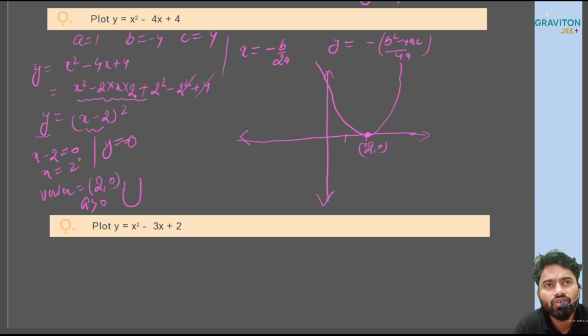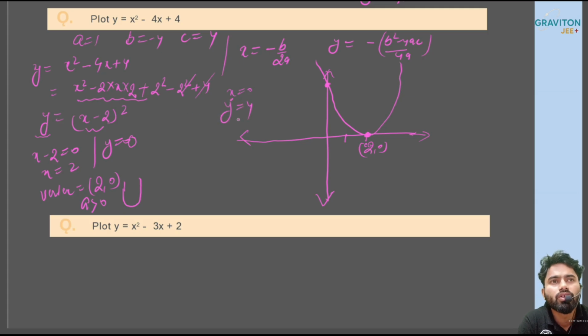Now if you want to know at what point the parabola cuts the y-axis, you know that x equals 0. So put x equal to 0 in this, you will get y equals 4.